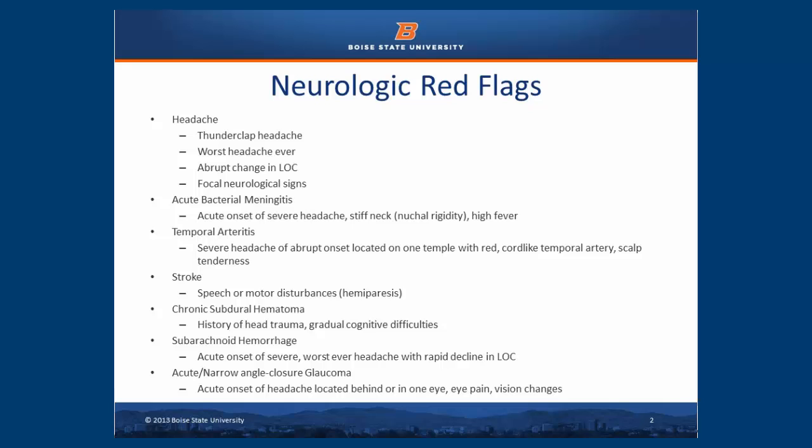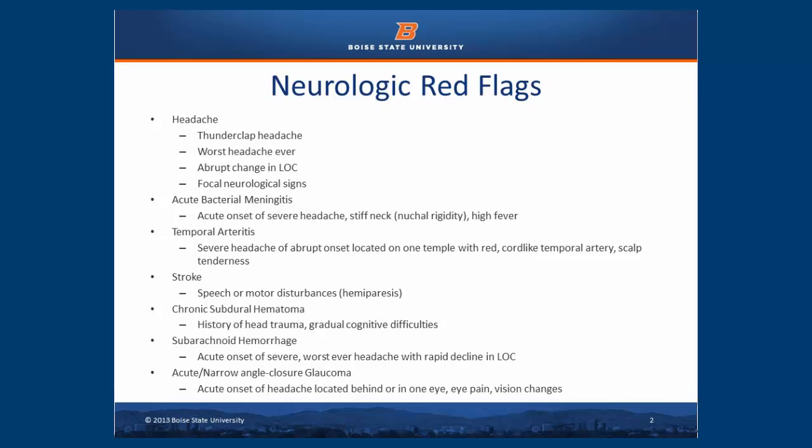Acute bacterial meningitis, nuchal rigidity, I think, is your textbook symptom that you're looking for there, and also fever, severe headache. Temporal arteritis: severe headache located on one temple, and you'll oftentimes find a red cord-like temporal artery and scalp tenderness.